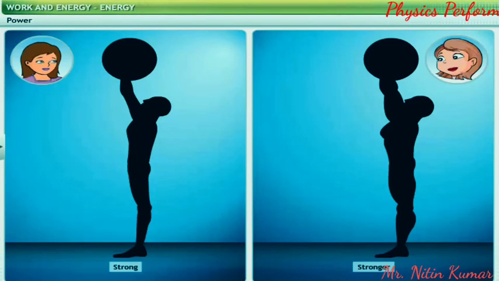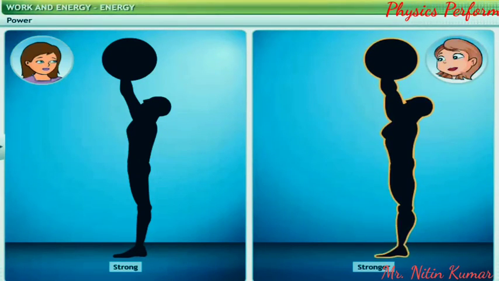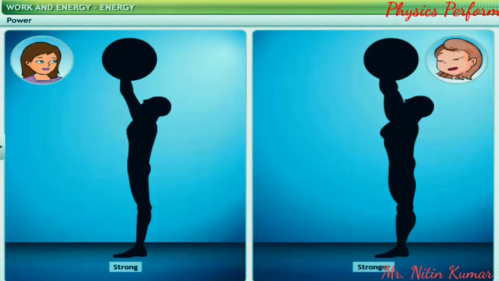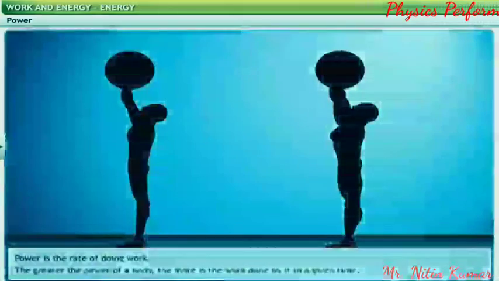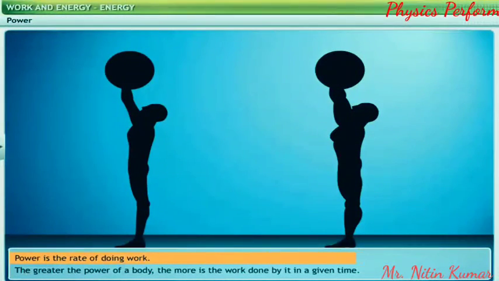So, you notice that even though both the men are of the same height, one was able to lift the weight quickly, while the other struggled with it. What do you think is the reason for this difference? Well, the second weightlifter looks stronger. Yes, in terms of science, you could say he has more power to do the work.